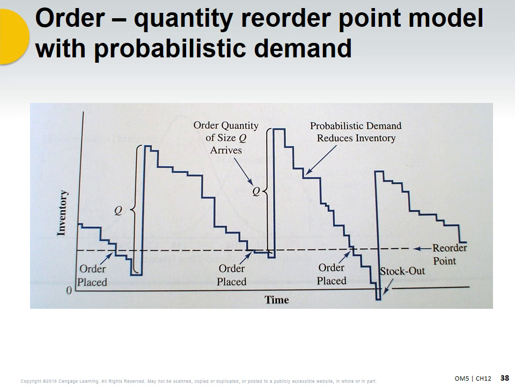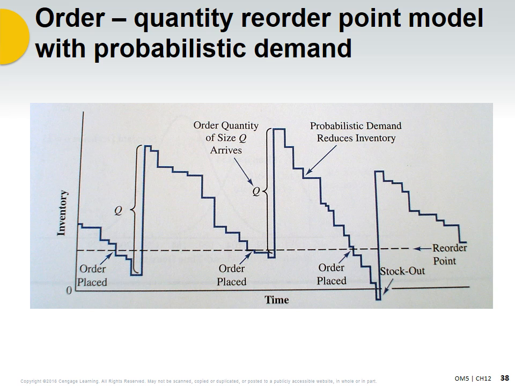We don't always have that. Sometimes we have probabilistic demand. In this case, we've got that quantity reorder point with probabilistic demand. We've got a line here that represents our order point. Anytime our inventory hits below that reorder point, we order a fixed amount of inventory. That fixed amount equals however much inventory we need for our lead time demand, but also sometimes extra inventory.